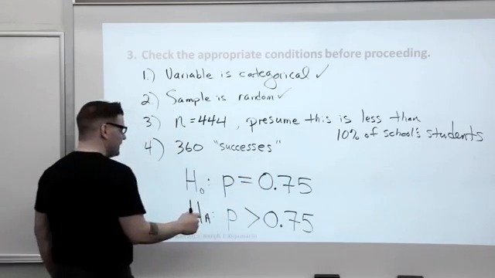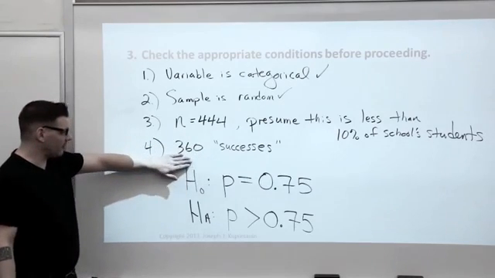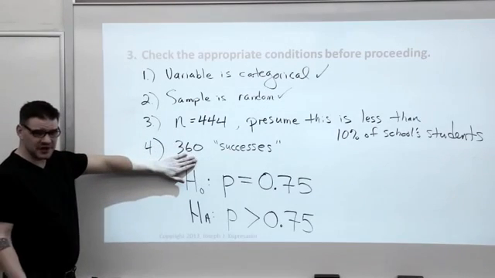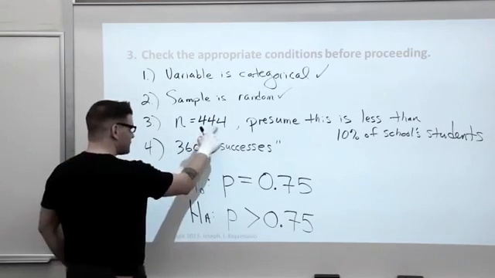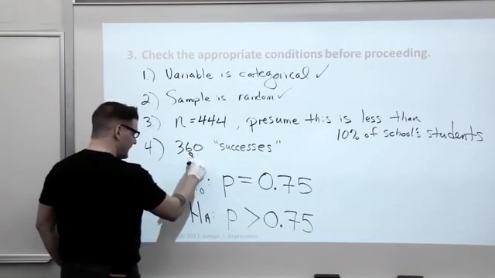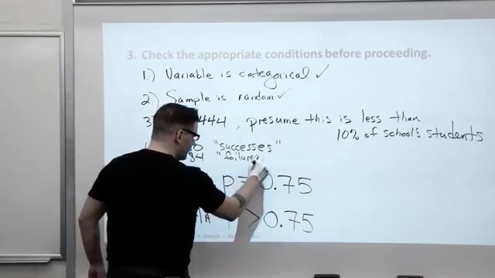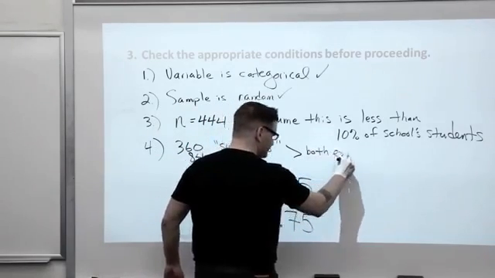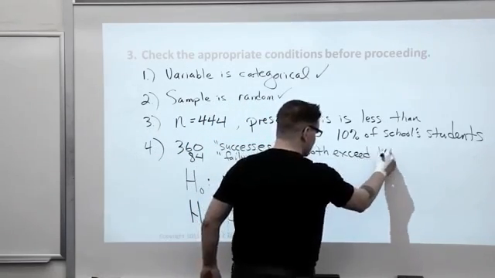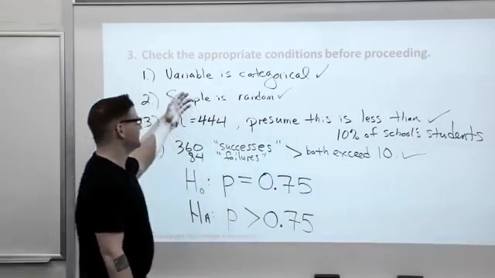All right. 444 students total, 360 of them said cheat. What's the difference? Is there 84 of them? So I'm just subtracting the 360 away. I guess we had 84 failures. And both of these numbers exceed 10. And so check everything off the list.